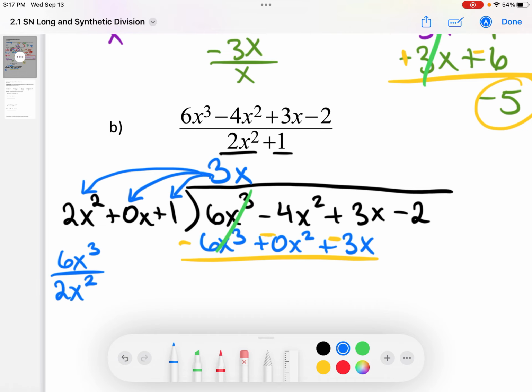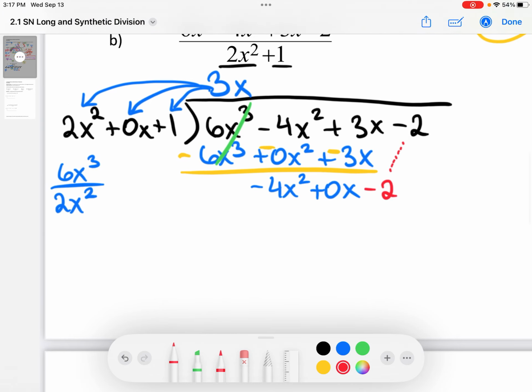Negative 4x squared minus 0x squared is negative 4x squared. Plus 3x minus 3x is 0x. And that feels weird, but it's okay. That's what it ended up equaling. And then we need to bring down that minus 2 to do the next step. Repeat the process.